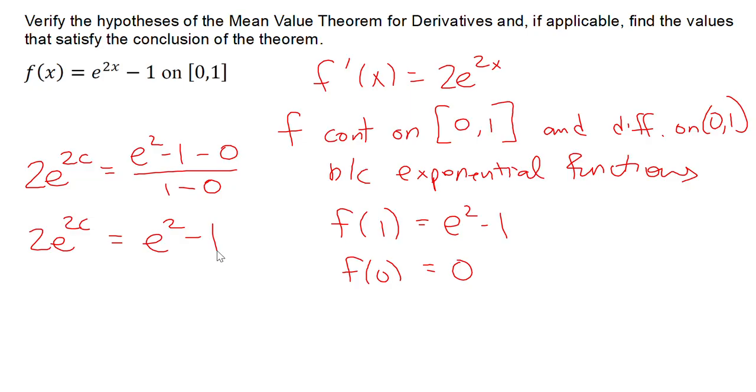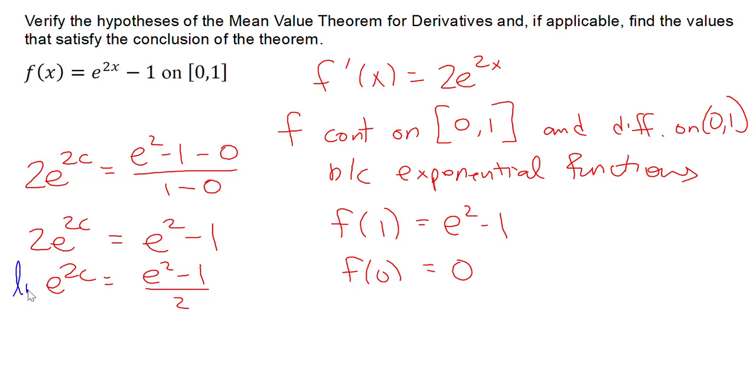And so we'll divide by 2. So we're going to get e to the 2c is equal to e squared minus 1 over 2. In order to get that 2c out of the exponent, we'll have to take the natural log of both sides. I'll do this in a different color here just so we can see we're adding into our previous equation here.